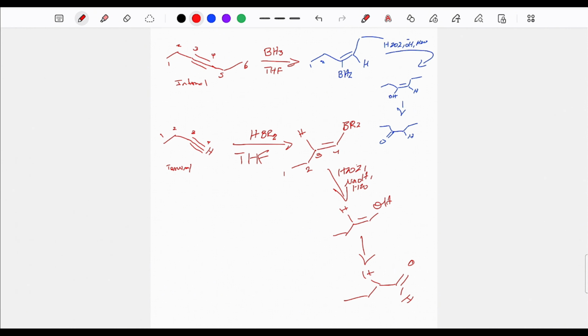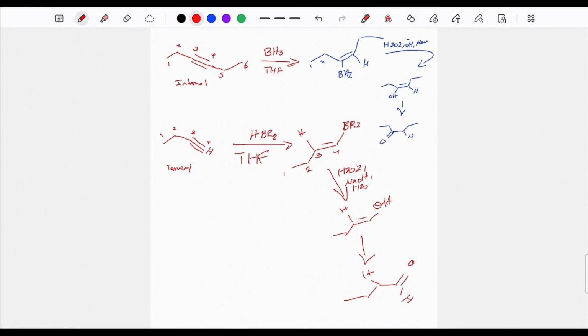So that is that. Next is going to be the formation of that enol intermediate, which will then tautomerize to a ketone or an aldehyde. For a terminal alkyne, you will always get an aldehyde. For an internal alkyne, you will always get a ketone.